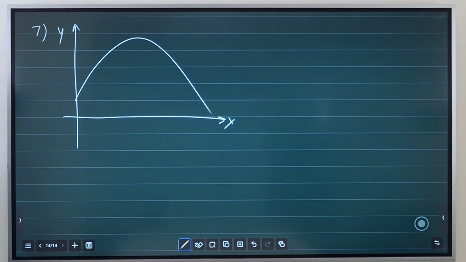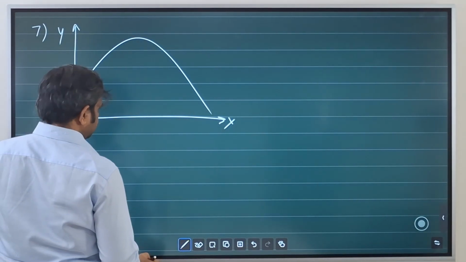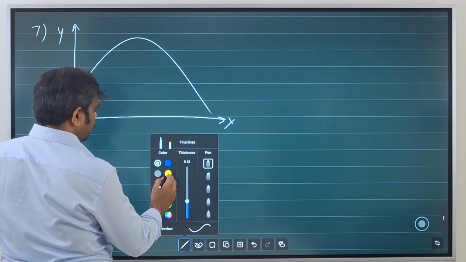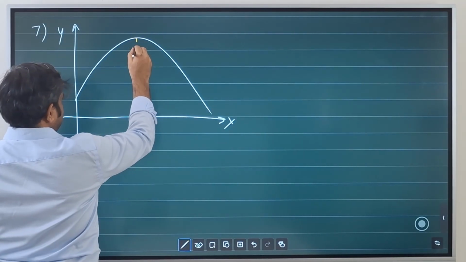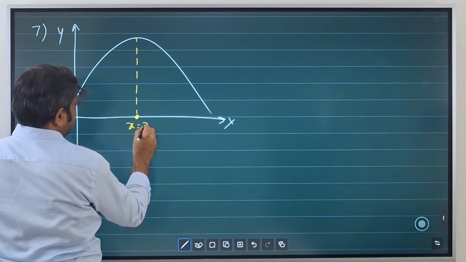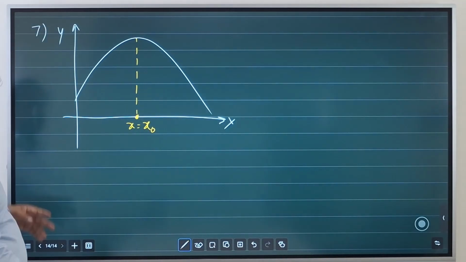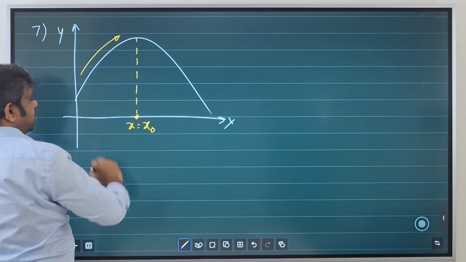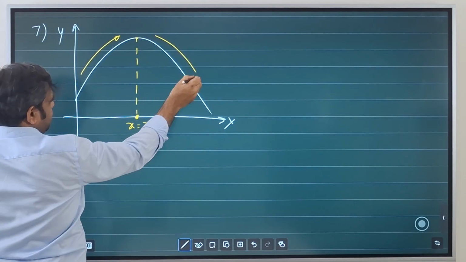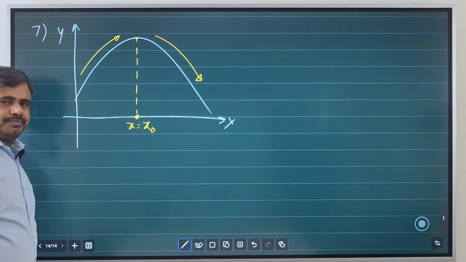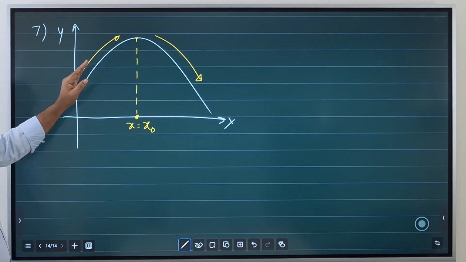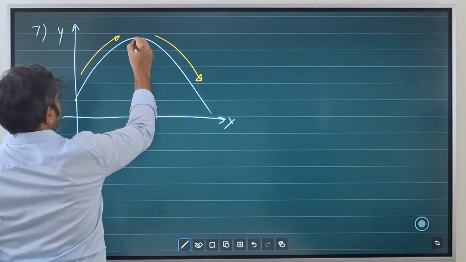What is happening here? y increases as x increases, and y becomes maximum at a particular value of x, later y decreases. What is happening to slope? You can see slope is initially high, slope becomes 0 here.